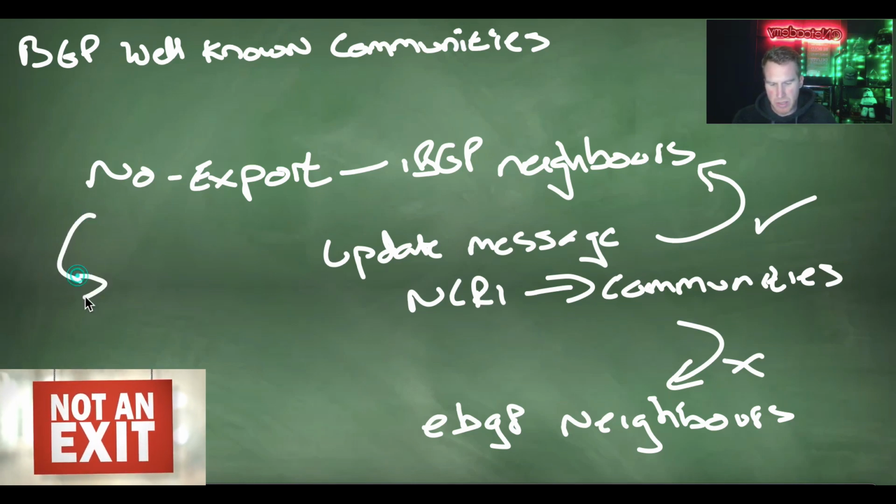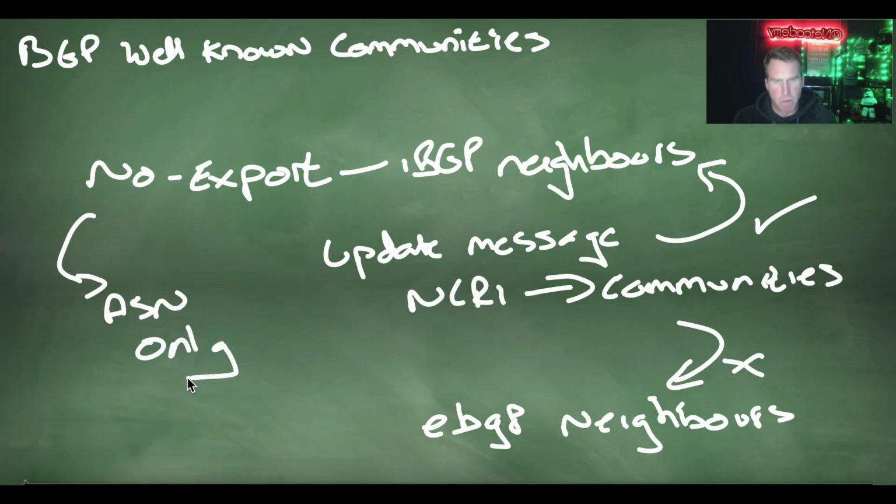and as such the no export is contained within an ASN only. It does not go from one ASN to another ASN, because we are not allowing an eBGP speaking router to advertise that community which is set to no export to another autonomous system. Because it's set to no export, whereas with no advertise, when that router receives that update message with that no advertise community, that router is not going to send it to anyone, not even IBGP routers in the same autonomous system.